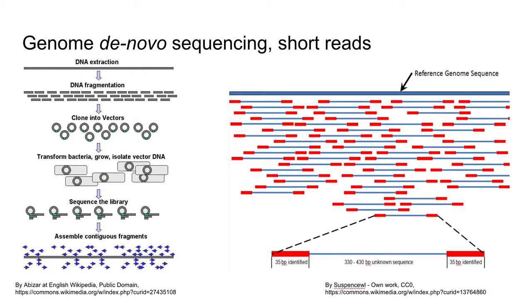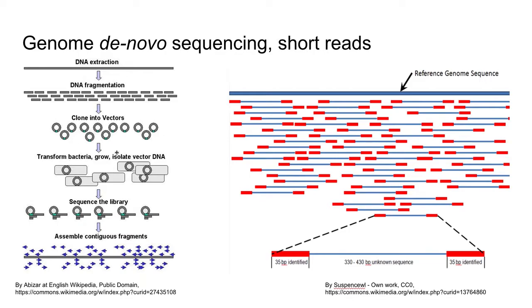Okay, how would we determine the sequence of a genome in the first place? I will be very schematic here. You would extract the DNA from the nucleus of a certain sample. What we then do in this approach, which is the short read approach, is fragment the DNA by sonication or with chemicals.